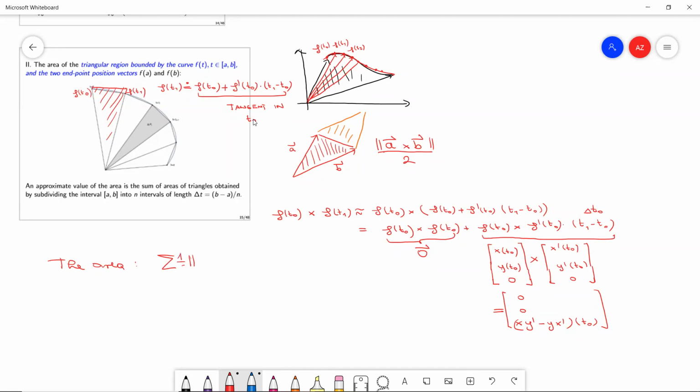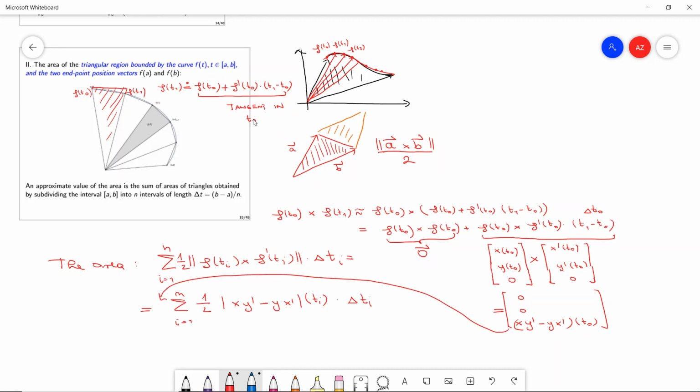1/2 of the length of f of t_i cross product f prime of t_i times delta t_i, when i goes from 1 to n. And this is, by what we just computed, the sum from i equals 1 to n of 1/2 of the absolute value of x y prime minus y x prime in t_i times delta t_i. Here, in this equality, we used what we've just computed.